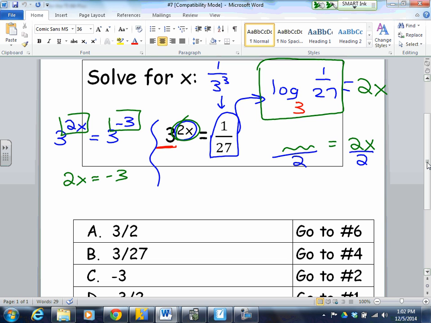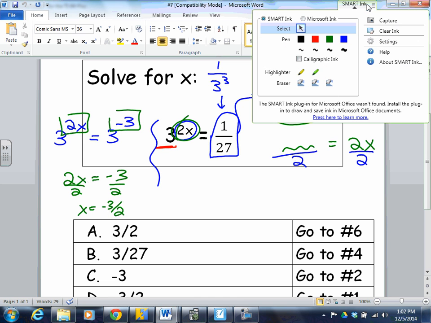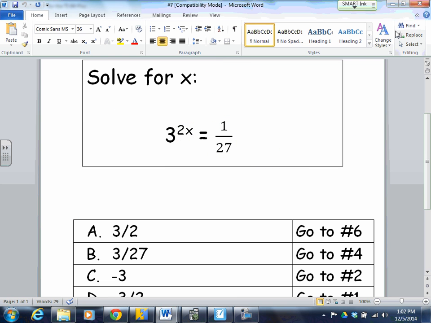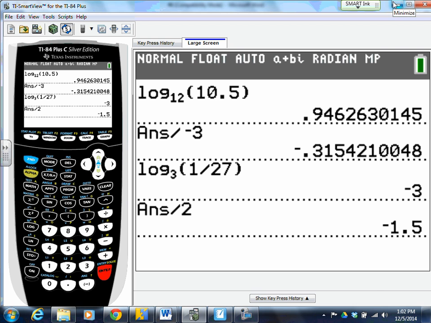And notice you'll get the same answer when you divide by 2 both times, like negative 3 halves. So there are some different options. The log process will always work, but if you notice the other way works, where you write equal bases, it's sometimes a little quicker. So that was number 7, I believe.